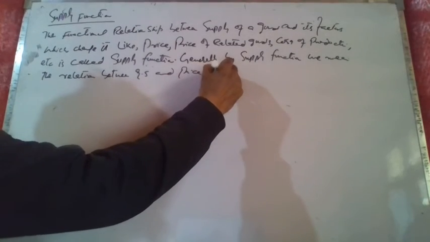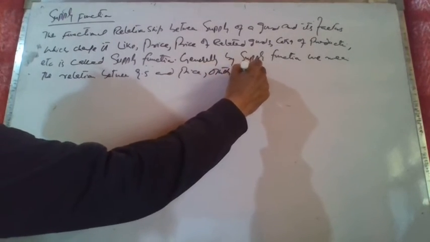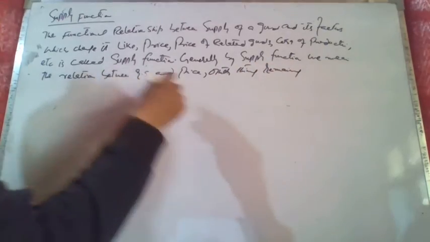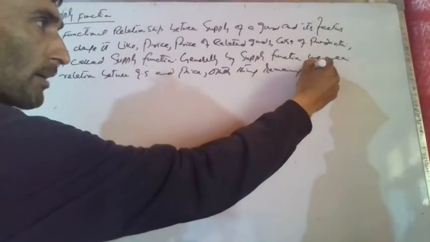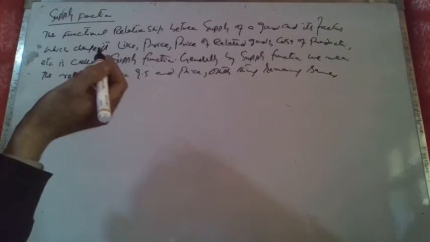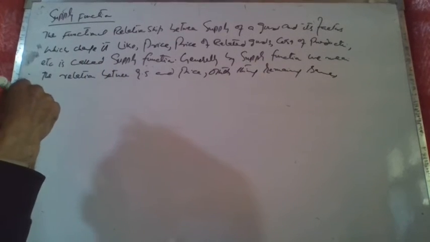Other things remaining same. So when we keep the things which are other than price, they are kept same, then there is only relationship between price and quantity supply. That also is called a supply function.